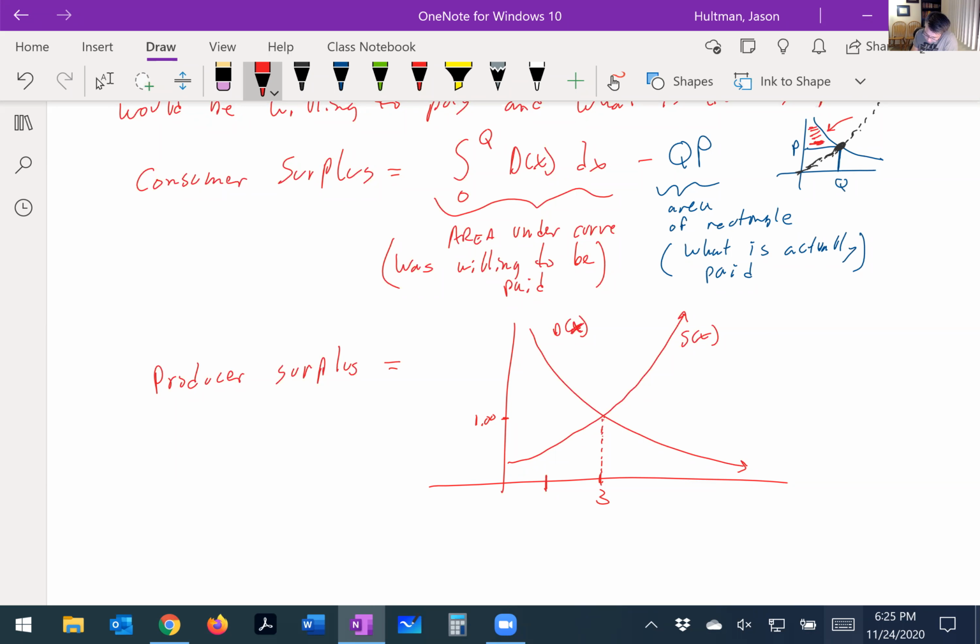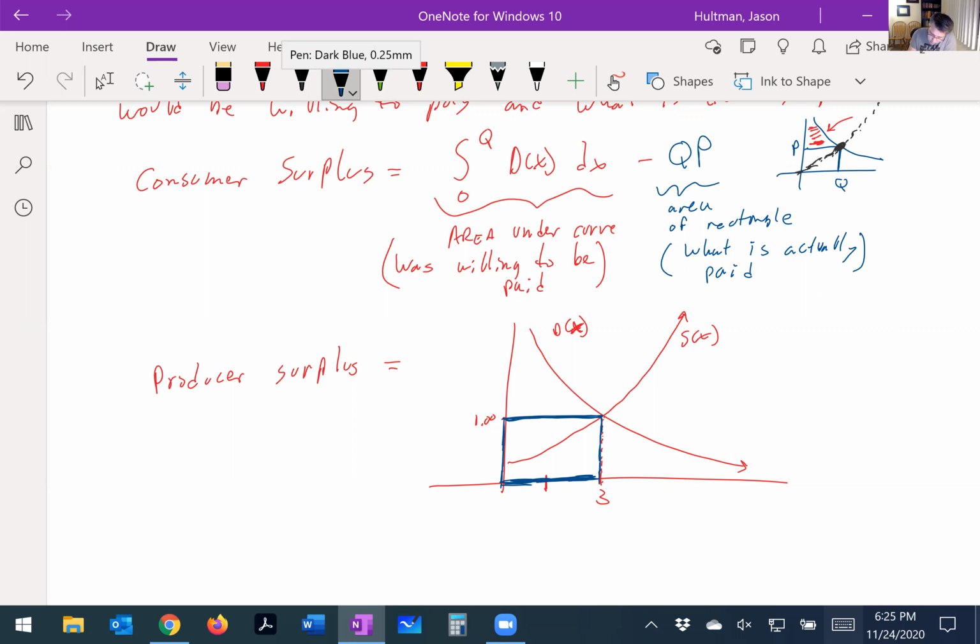Okay, so what is the producer surplus? Well, the producer surplus goes back to this guy, but it's the difference between what I actually paid versus what the guy was willing to sell at. Okay, the price that he was willing to sell at.